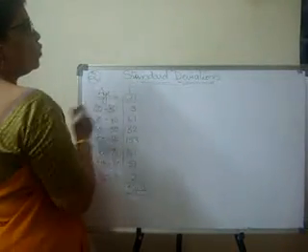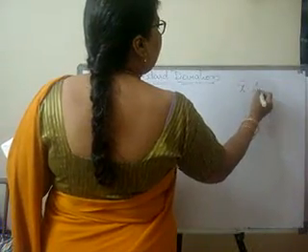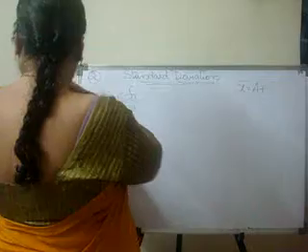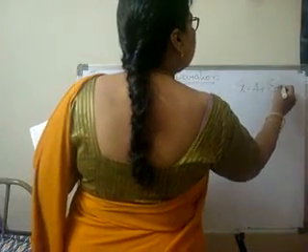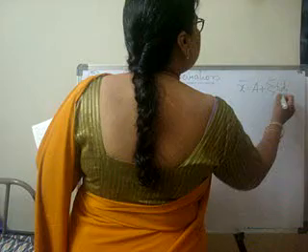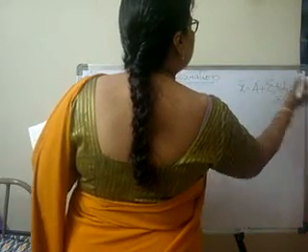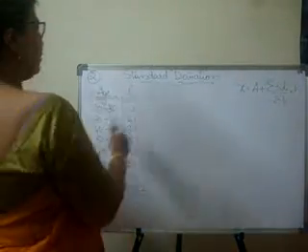First we have to find the mean. Mean equals A plus summation Fi di by summation Fi into h. To find the mean, what do we require first?